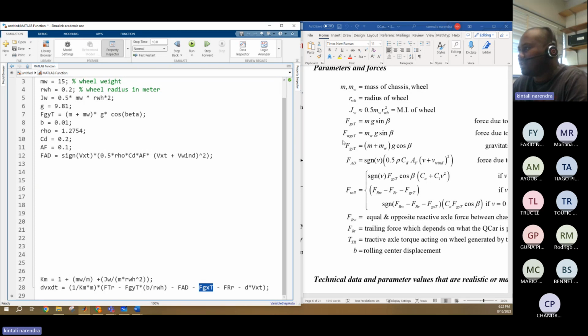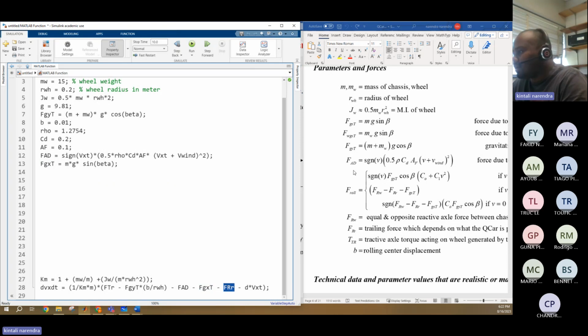Then you have FGXT. FGXT is mg into sine beta. FGXT is equal to m into g into sine beta. Then what is next, FRR.